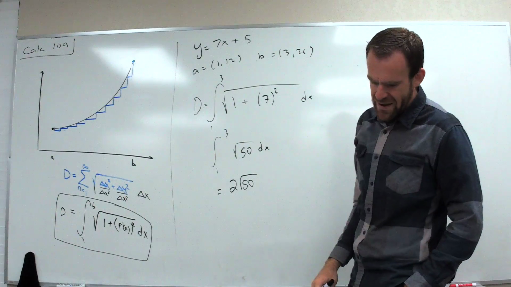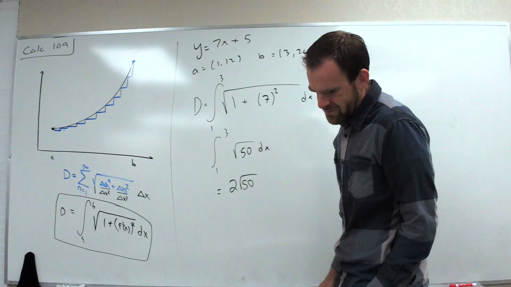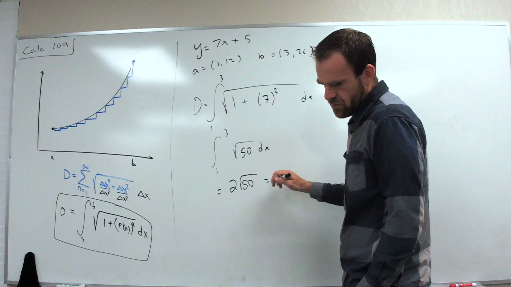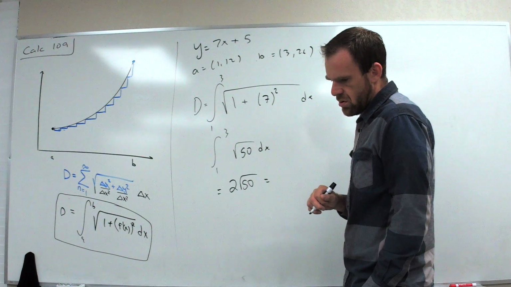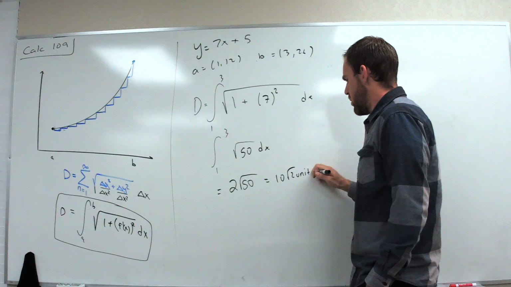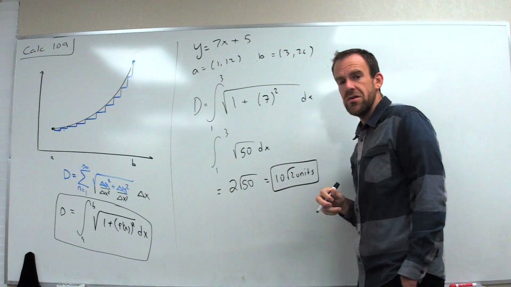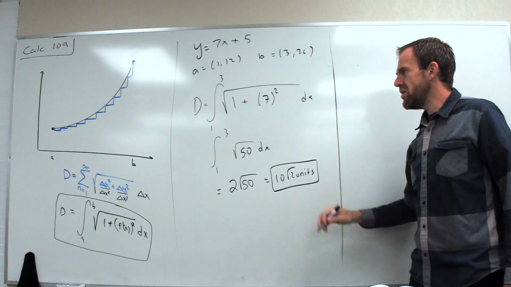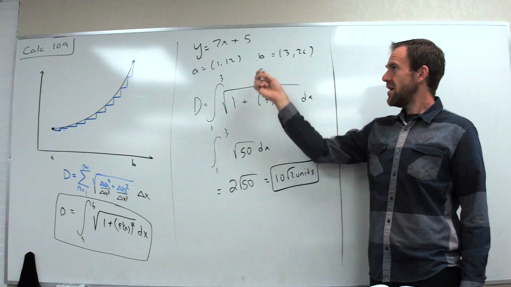Which, if I pull the 25 out, I get somewhere around 10 square root of 2 units. Simple enough. We could have computed this one using the Pythagorean theorem because obviously it's a line.